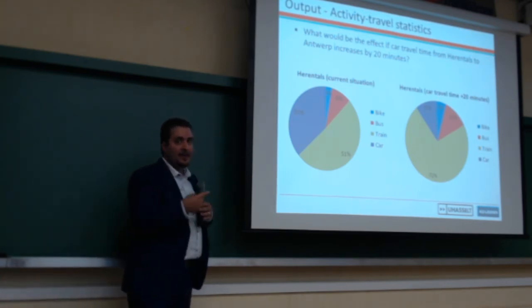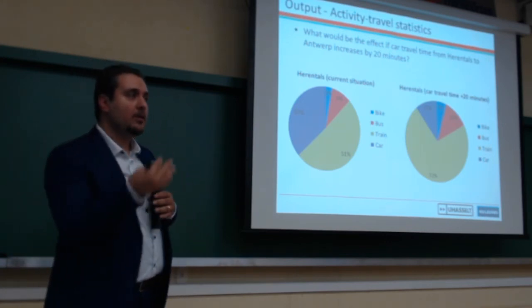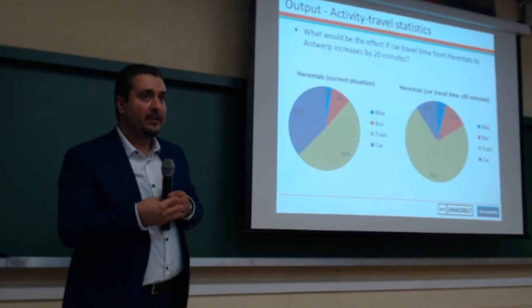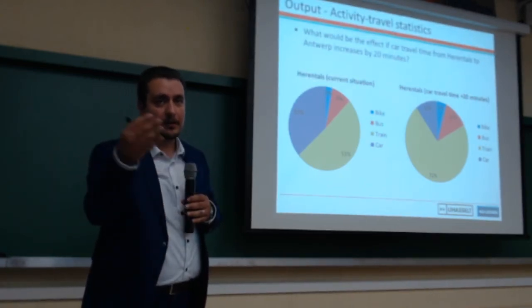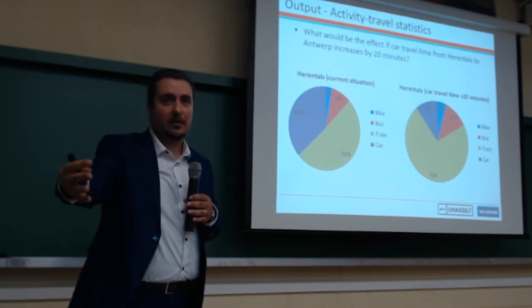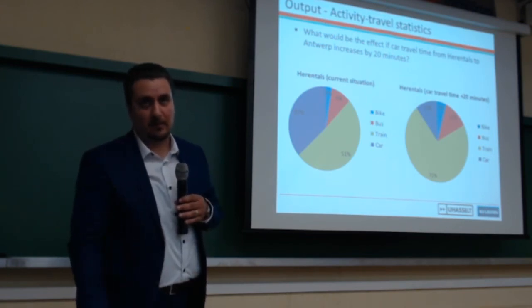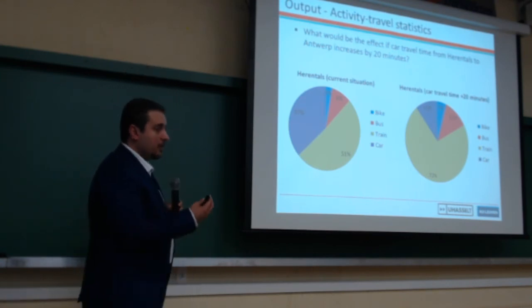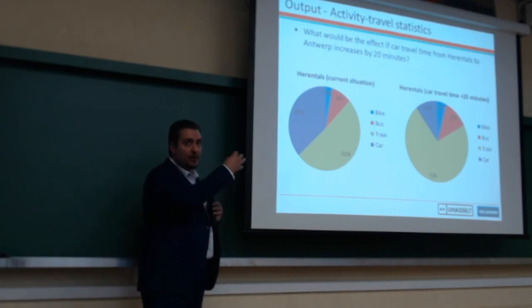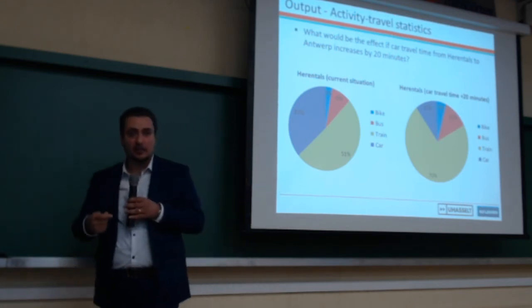This type of delay can be caused by road reconstruction. And normally road reconstruction in Belgium takes ages. So if they want to rebuild a stretch of, I don't know, 20, 25 kilometers, it most probably takes more than 3 or 4 months. So in advance, you know that there will be that kind of delay, right? And you would expect a modal shift towards the train.